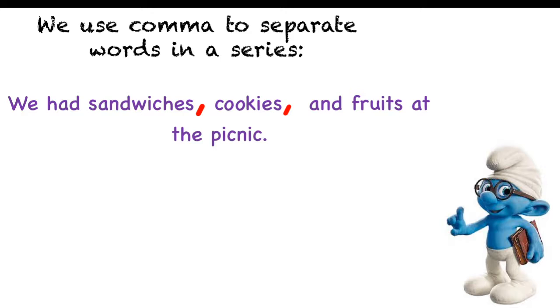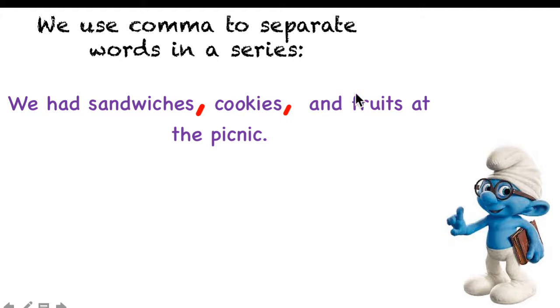We had sandwiches, cookies, and fruits at the picnic, because it tells me what did we have at the picnic. What kind of foods did we have? These foods have something in common. We had them on the picnic. So these are words in the series, and we need to separate them using the commas.